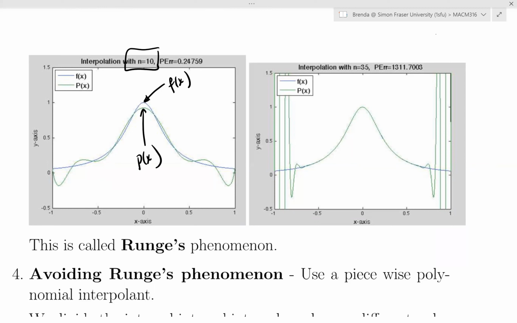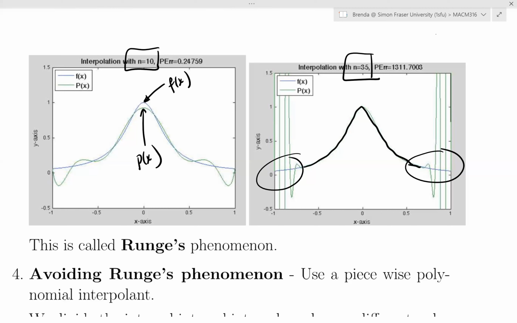So then you would maybe think, and it would be reasonable, in fact, that if I increase the number of interpolating points and cram the polynomial through it, I'll do better. So here's what happens when you increase the number of points up to 35. The blue and the green are nearly on top of one another all through the mid-range here. That's better. But then you get this near the end.